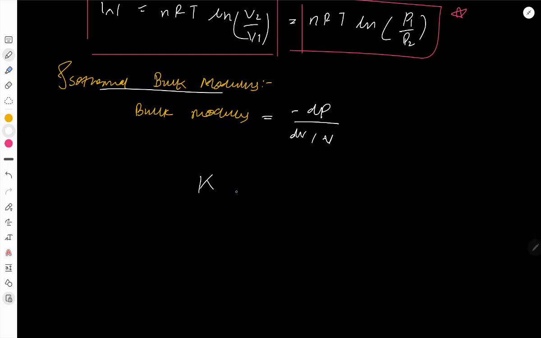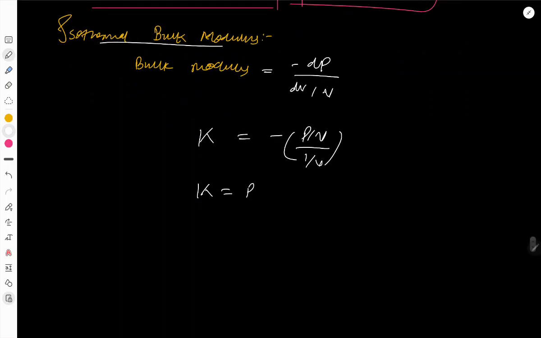So bulk modulus represented by K is equal to minus dP upon dV by V, which gives K equal to P. And we know that the reciprocal of bulk modulus is compressibility, and no process is perfectly isothermal.